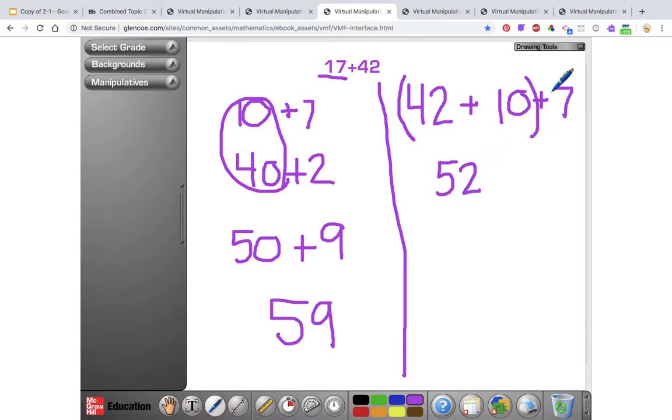Then we still have our ones left. So I'd add 52 plus 7, which would be 59. So both of those ways of breaking apart into tens and ones still get us to 59. It would just be a matter of if you want to break apart both numbers in tens and ones or just one number into tens and ones.